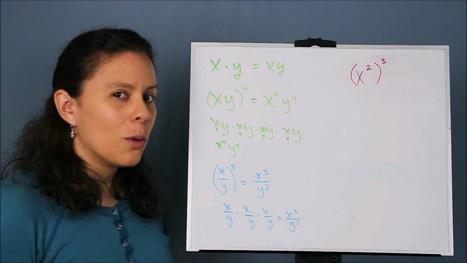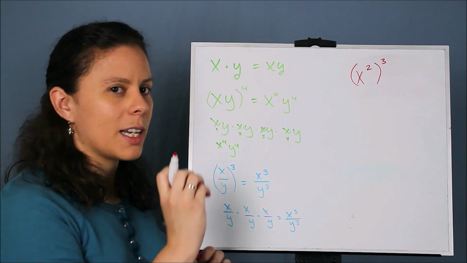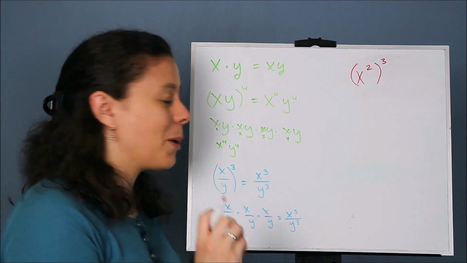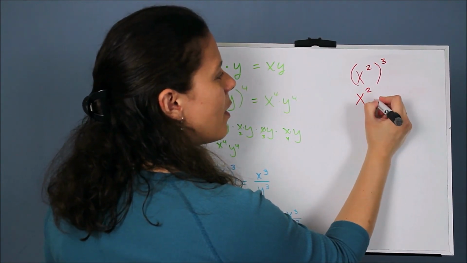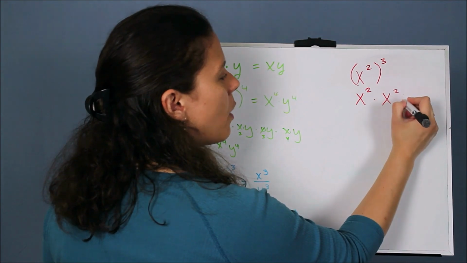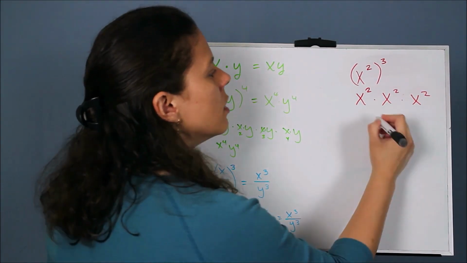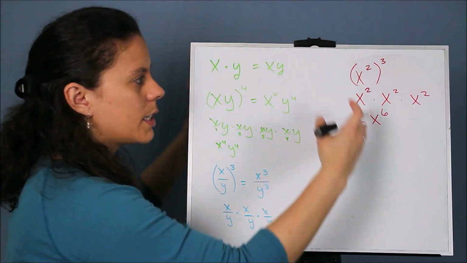Well, think about what we just did. What do you think is going to happen? I hope you said to the 6th power, because this is going to be x to the 2nd power times x to the 2nd power times x to the 2nd power, which is x to the 6th power. All right, and it's because of the exact same rule.